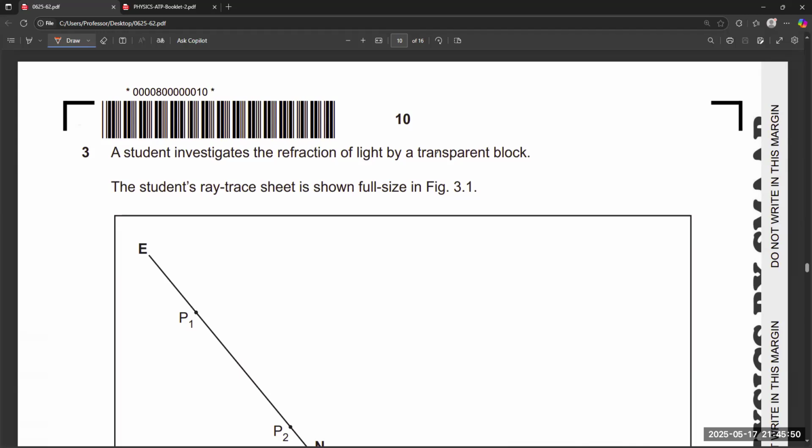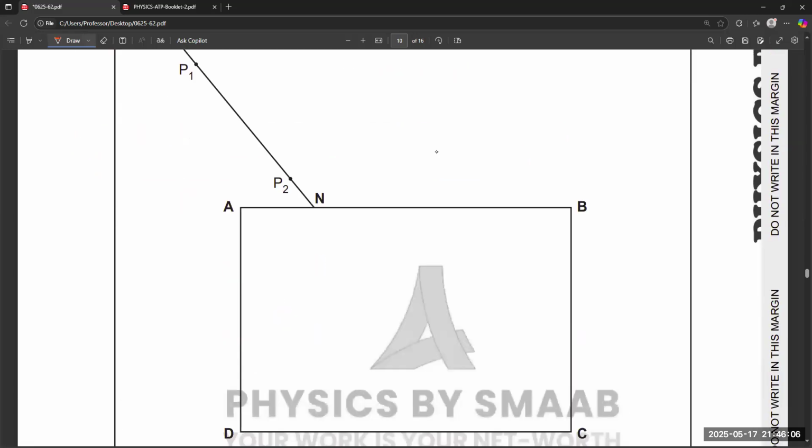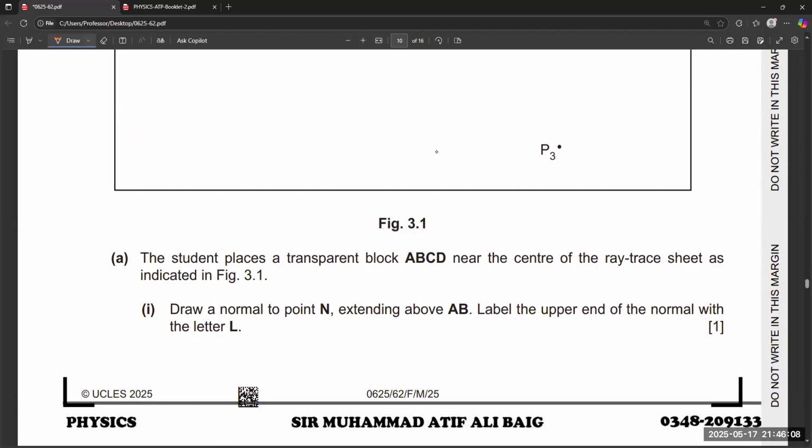Okay. Then we have a third part. A student investigates the refraction of light by a transparent block, and the student uses the ray trace sheet, which is given over here. Now the first part: the student places a transparent block ABCD near the center of the ray trace sheet as indicated in figure 3.1. Draw a normal at point N extending above AB.